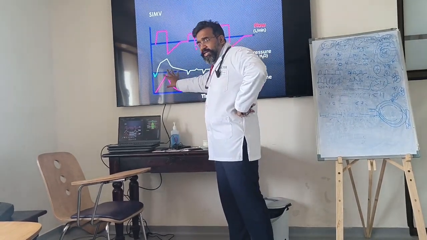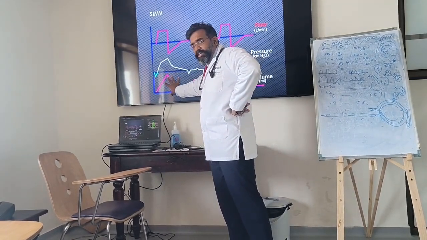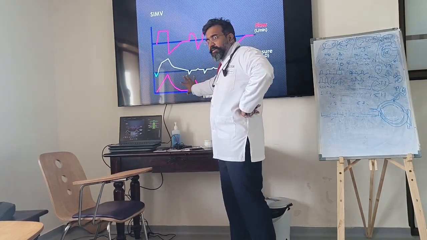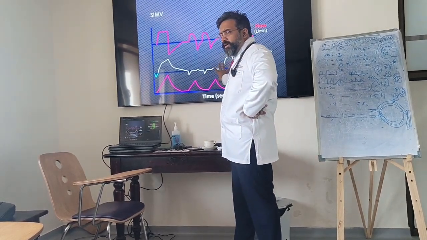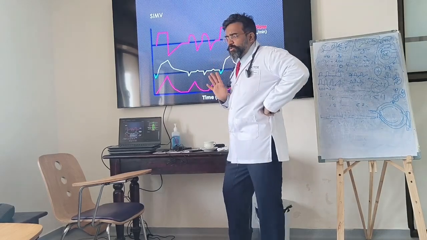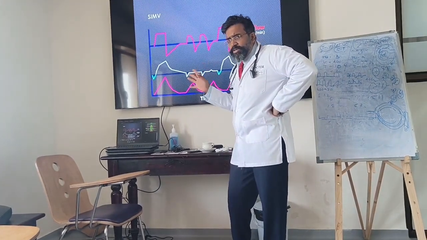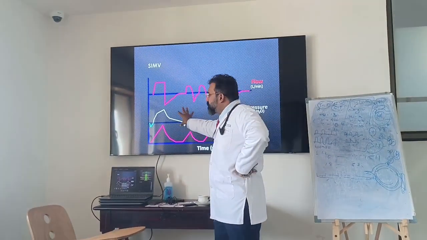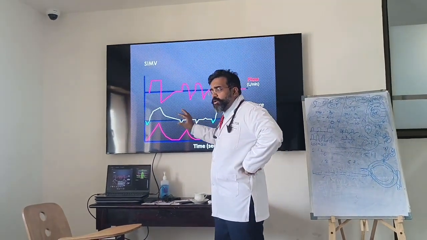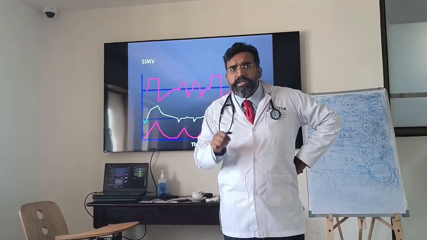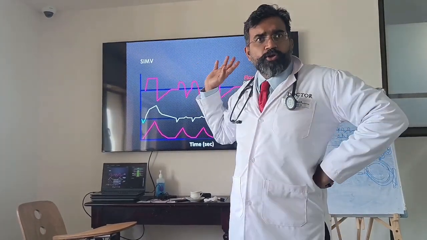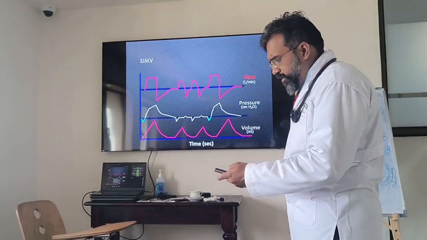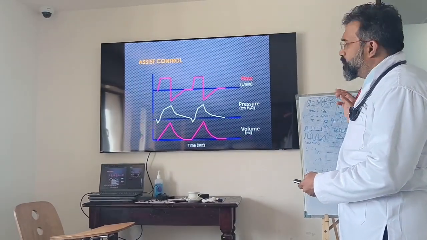So this is SIMV, synchronized intermittent mandatory ventilation, and in the middle, the patient is breathing on his own. What is the difference between SIMV and volume control, or assist control? I taught you assist control just 2 minutes ago, which looked like this, right?